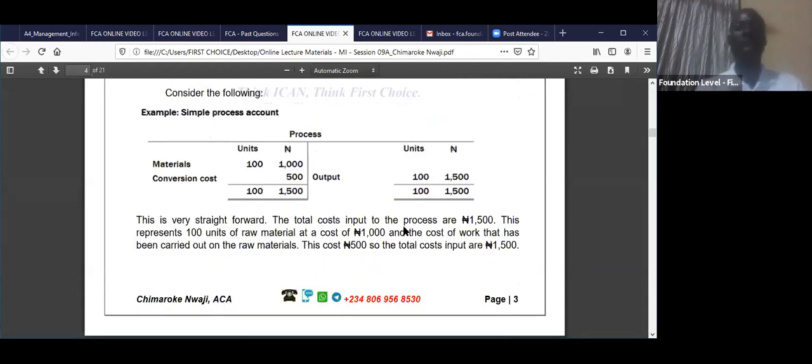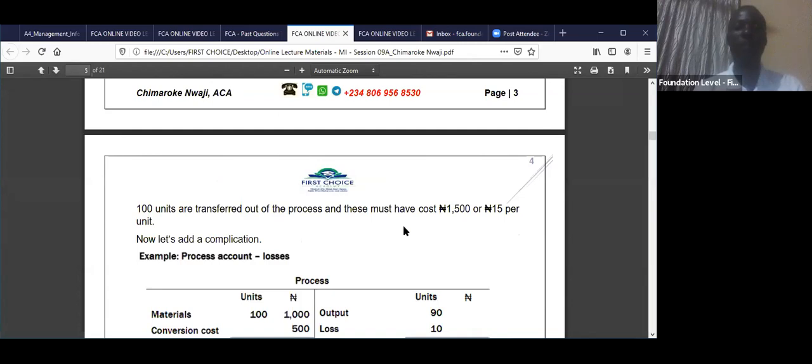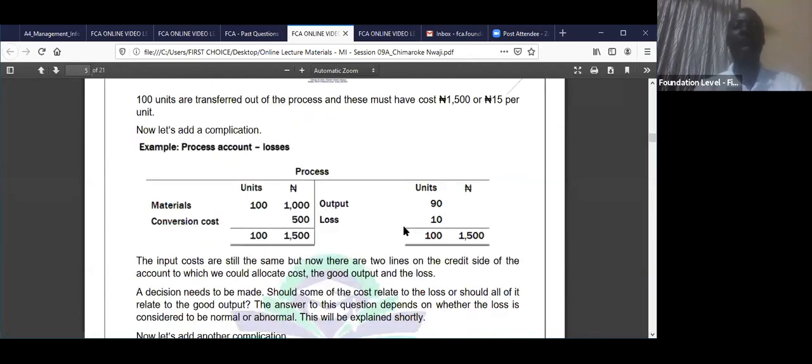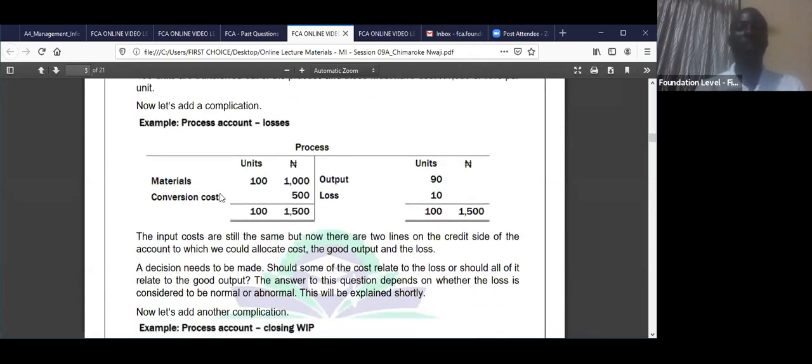Now let's look at another. In the second one, we are adding a complication. This same debit side still gets the same amount of material, labor and conversion costs. But now you are seeing that 90 is coming out as normal output, and there is a loss of 10, and you are still having the same cost.